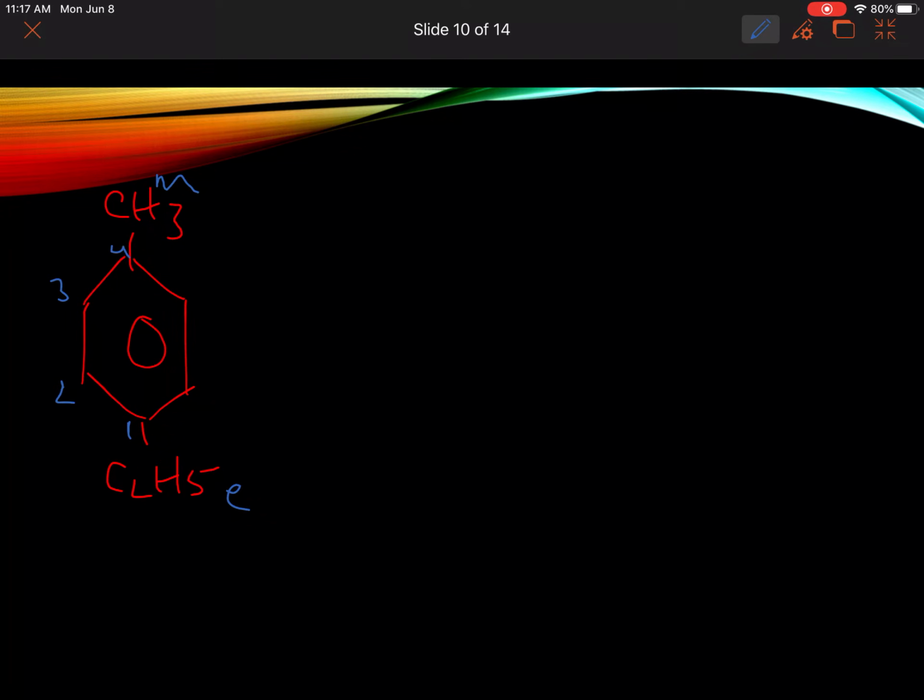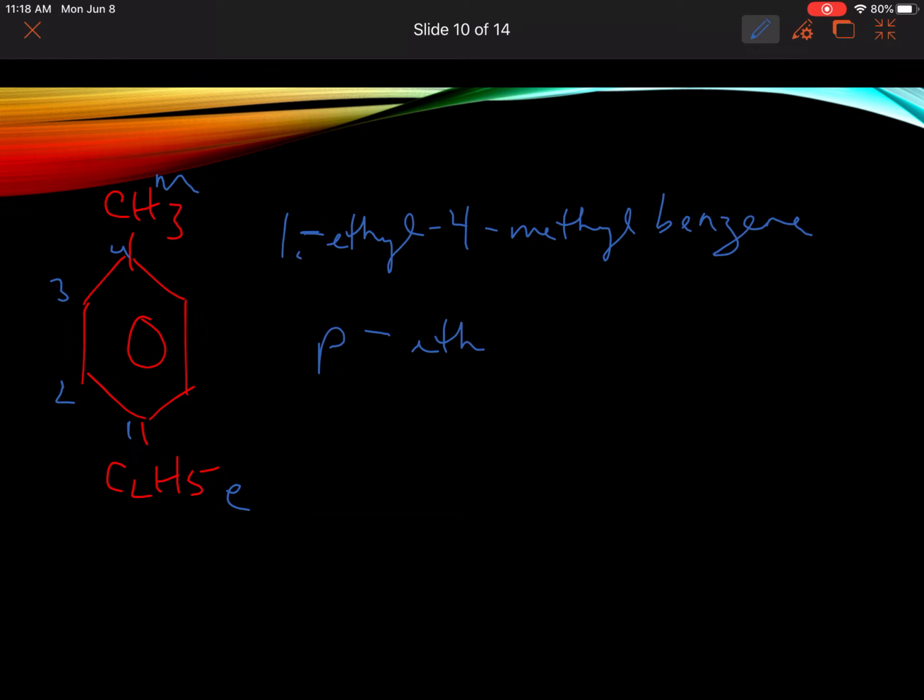You're going to get positions 1 and 4 either way. So it's going to be 1-ethyl-4-methylbenzene. Or again, the more fun way, p-ethylmethylbenzene.